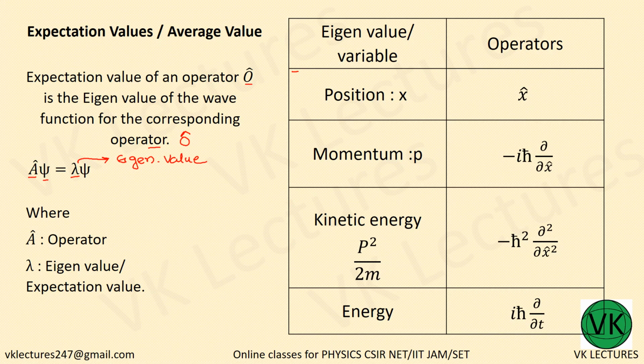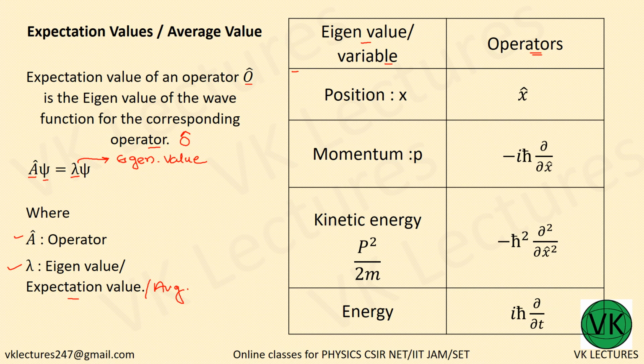Now A is the operator here, lambda is the eigenvalue or expectation value, or it is also called the average value.